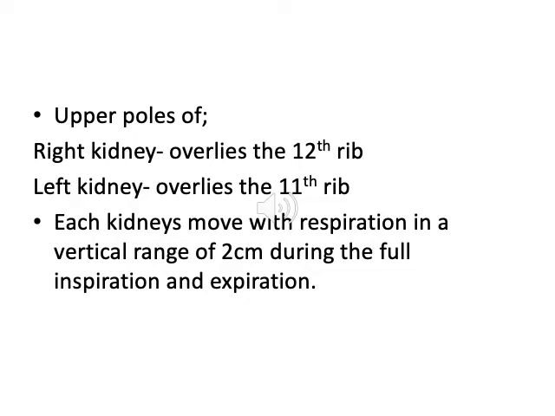As I told previously, the kidneys are high up on the posterior abdominal wall and the upper parts of the kidneys are covered with the costal margin. Because of the liver, the right kidney is a little bit lower than the left kidney. So the right kidney overlies the 12th rib and the left kidney overlies the 11th rib.